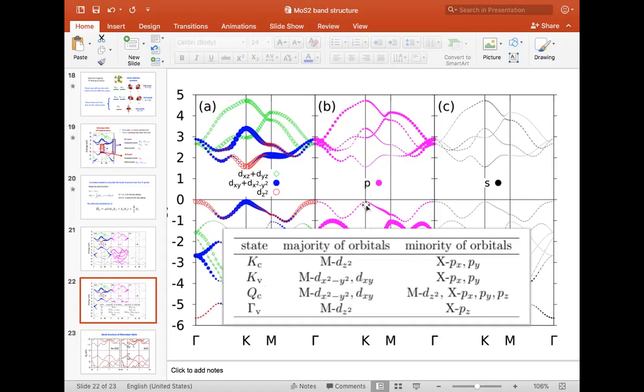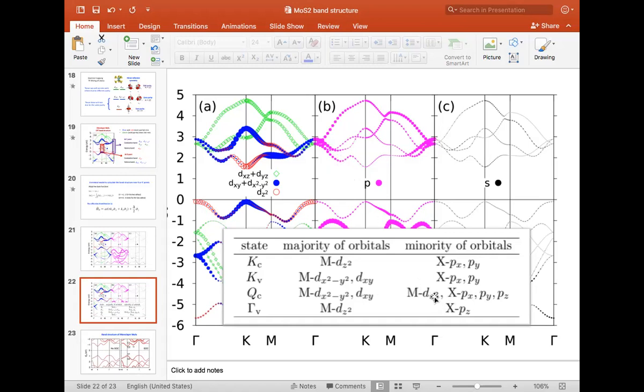Now let's look at the Q value. You look at the figure, you already know the majority is still the d orbit in the transition metal atom. These two. And then there's a minority. You see, there's also a p here. Okay, this is the Q value.